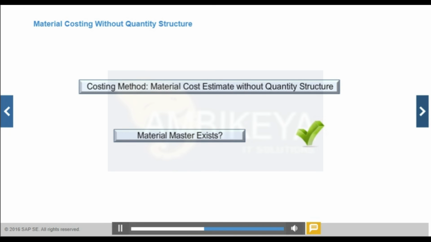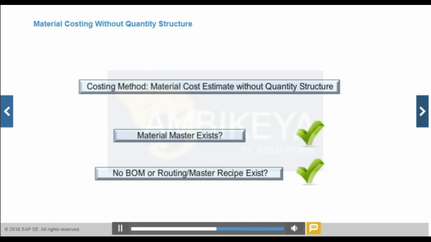You can also use this method for valuating intangible goods such as services for which there is no BOM or routing. With this method, you can carry out a cost estimate for materials even if the quantity structure data such as BOMs and routings is located in a non-SAP production planning system. You create this type of cost estimate in the SAP system using the reference cost estimate.